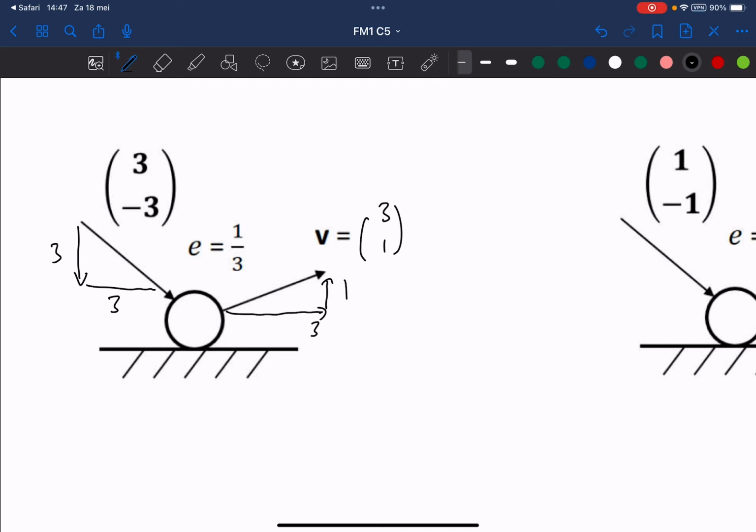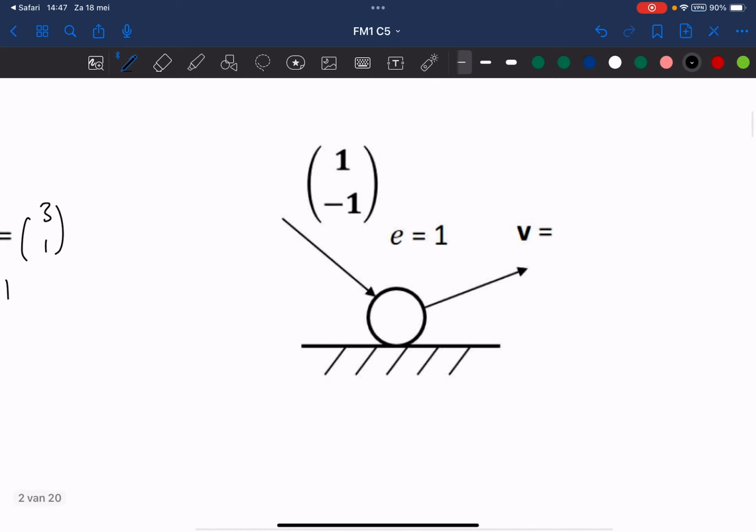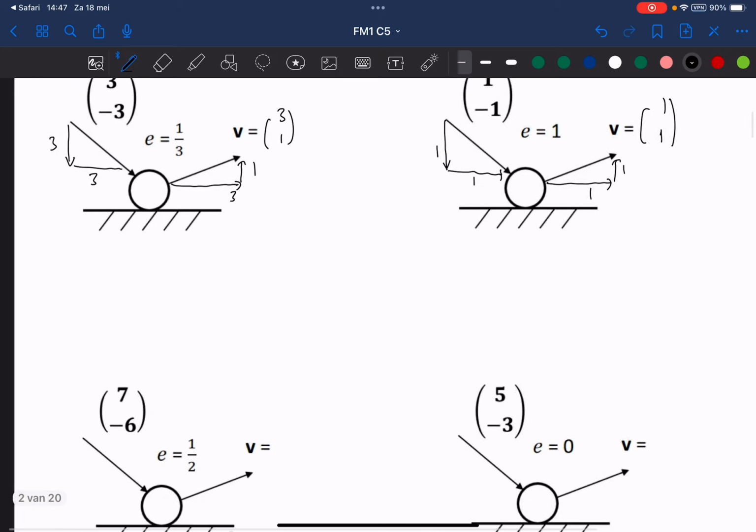It's that straightforward. Let's do this one over here, where we've got 1 down, 1 across. And E is 1. So the speed will be exactly the same. It's a perfectly elastic collision because E is equal to 1. So your speed will just be 1, 1. Straightforward enough.